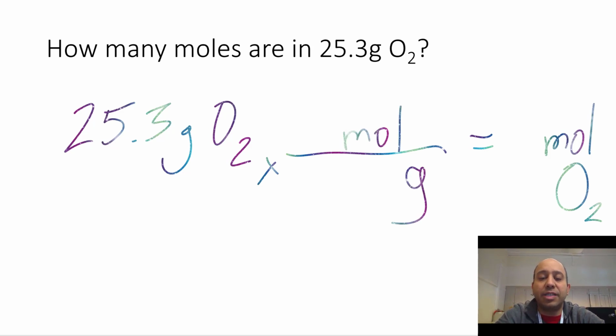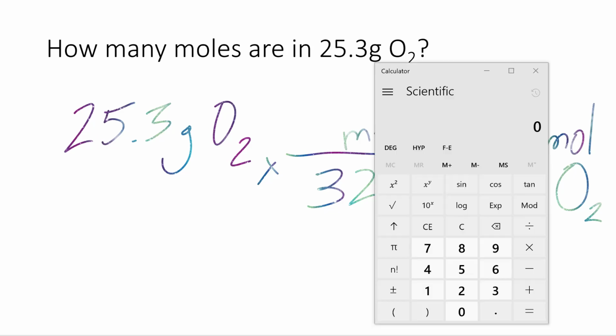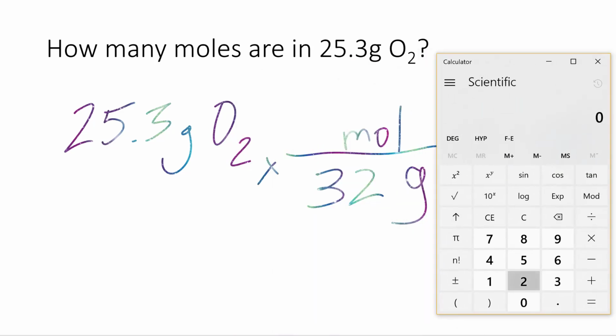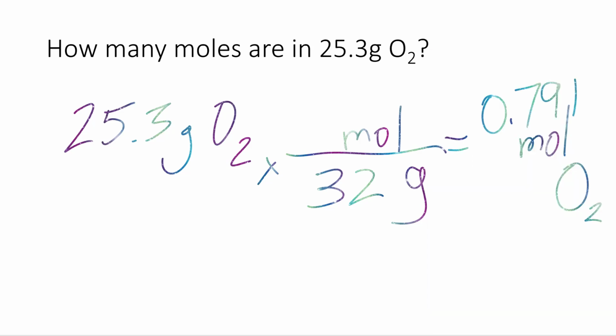And you know that the molar mass of oxygen is 16, but 16 times 2 because of the 2 oxygens. So you divide by 32. So now I get my calculator out and do this division. 25.3 divided by 32, and you get your answer. You need 3 digits, so the answer is 0.791 moles of oxygen. So that's how you do mole conversions last semester.